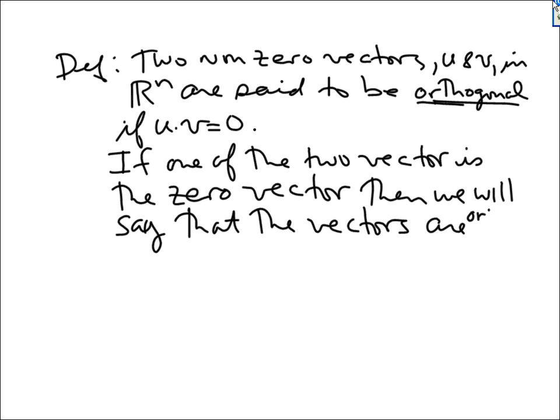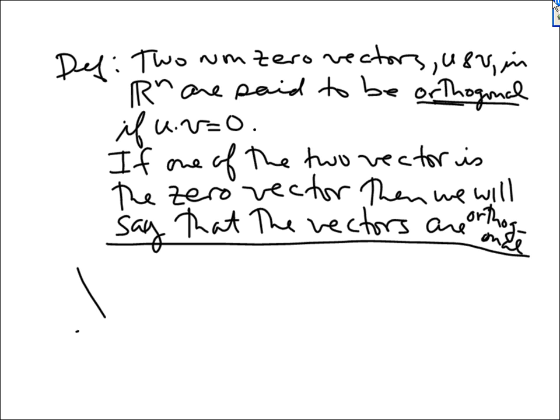Really need the space. If exactly one of the two vectors is a 0 vector, then we'll still say the two vectors are orthogonal. That means perpendicular. Okay, now what is the angle of perpendicular lines?